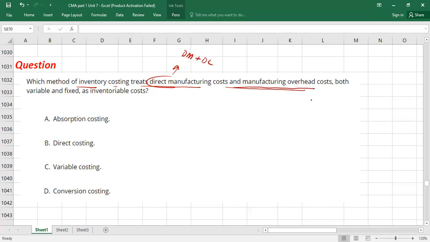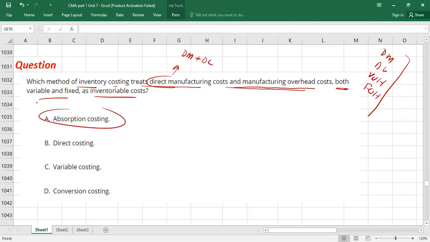He didn't say variable and fixed here, but next he said both variable and fixed as inventoriable cost. It means direct material, direct labor, variable overhead and fixed overhead. Which costing method will account for all these costs as a product cost? Obviously, it is absorption costing.